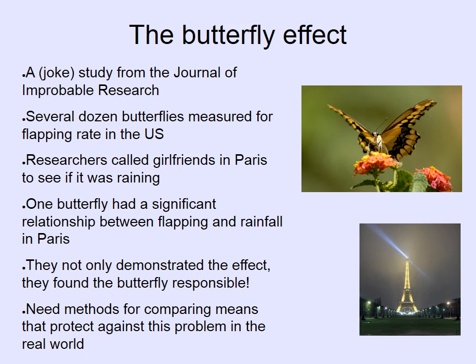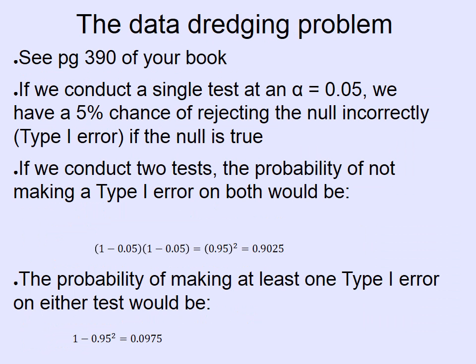In your book, there's a joke study on the butterfly effect where butterflies were measured for their flapping rate in the United States and when it would rain in Paris, and then they found one butterfly that they said was statistically significant, the one responsible for rain in Paris. It was called data dredging. They conducted a bunch of different tests until they found one that gave them a p-value below the alpha of 0.05.